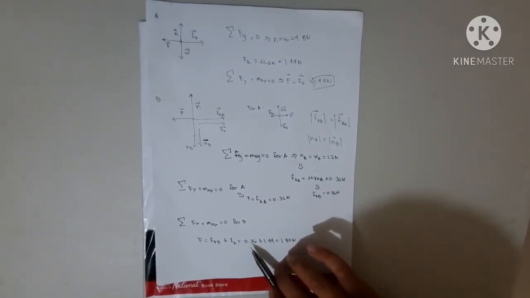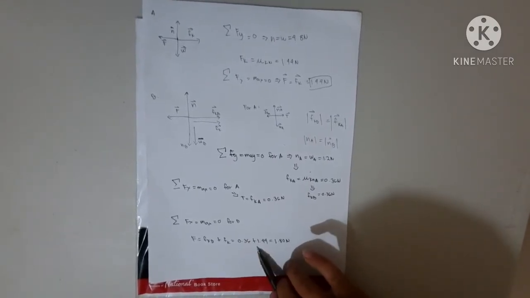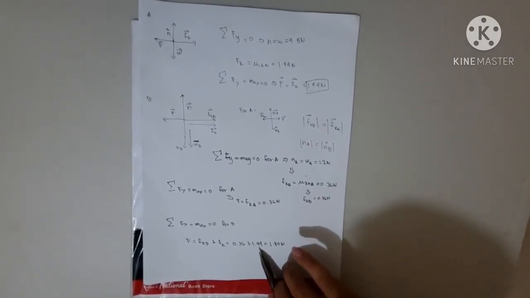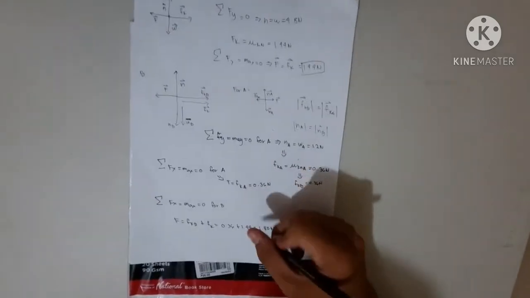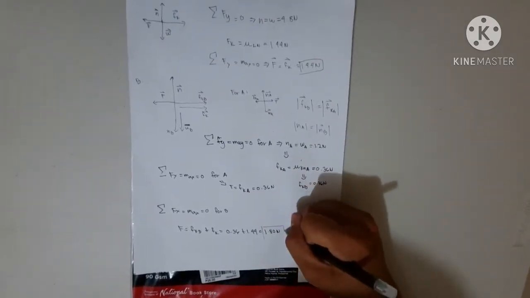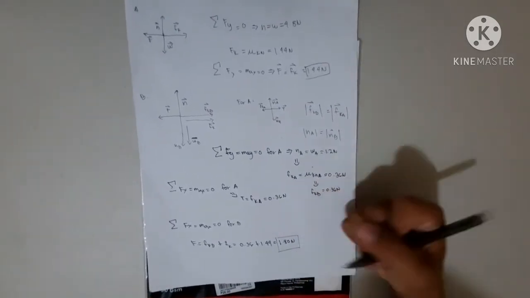These friction forces are 0.36 plus 1.44, which will then give us 1.8 newtons.